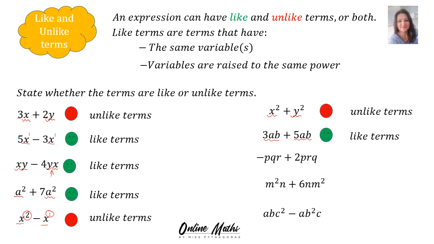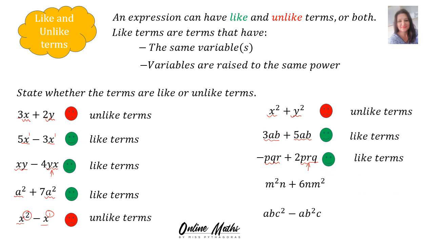The next one, minus pqr plus 2prq. Again, although the variables are in a different order, so they are not in alphabetical order, the exact same variables are there and the powers are the same. Therefore, they are like terms.